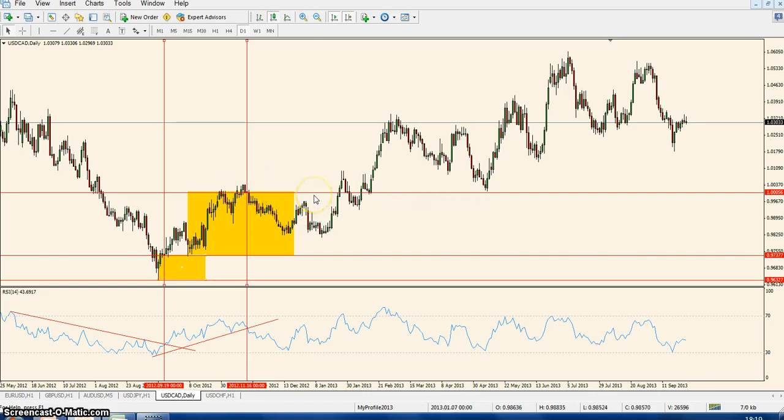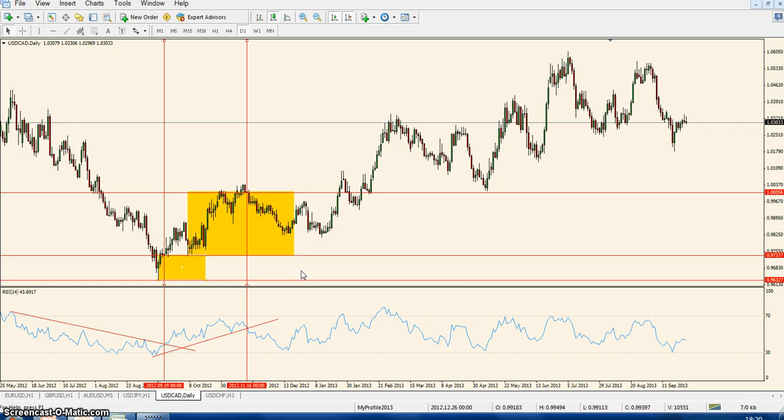That becomes my target, which in this case is 1.0005. So that becomes your trade really: a long entry at the break of this point here, and exit at the opposite break of the trend line.